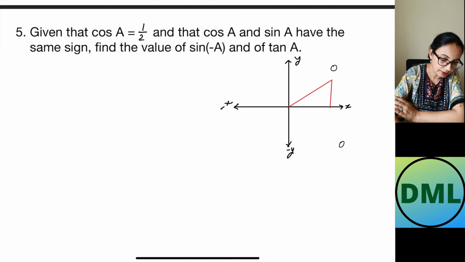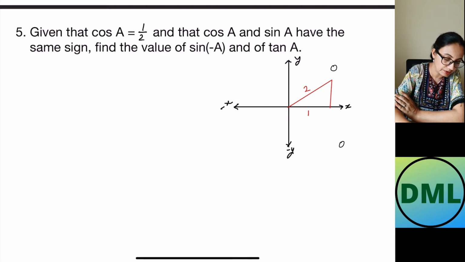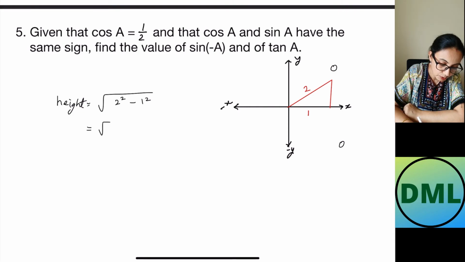It's given that cos A is half. Cos A is base over hypotenuse. Let's write down the value here. Base is 1 and hypotenuse is 2. I need to find out the value for the height. By the Pythagoras theorem, the height will be root of 2 square minus 1 square, which is root of 4 minus 1, that is equal to root of 3.